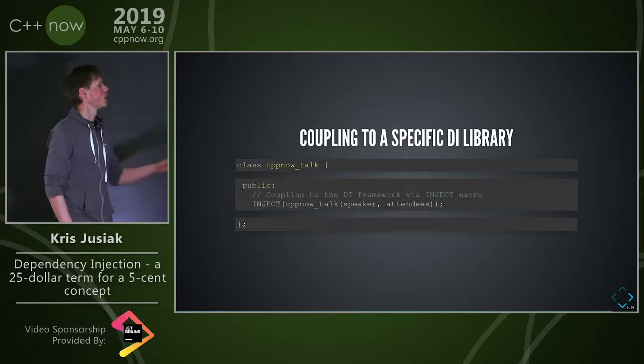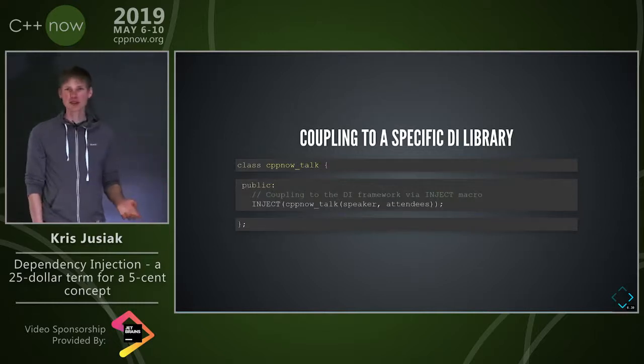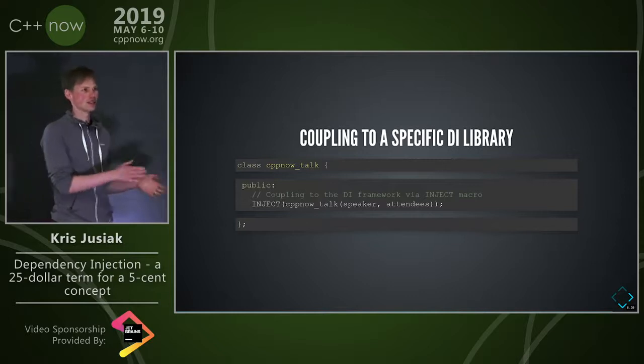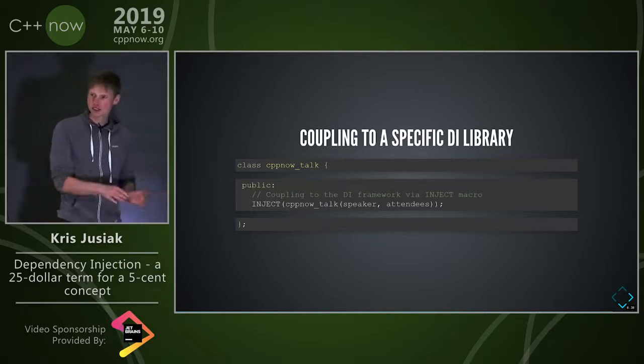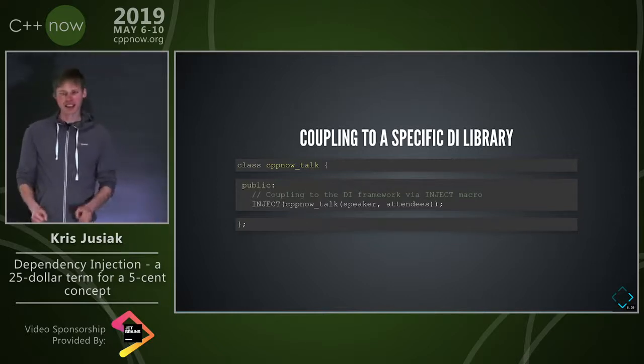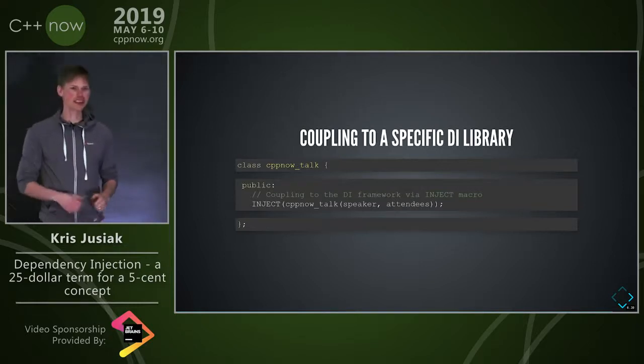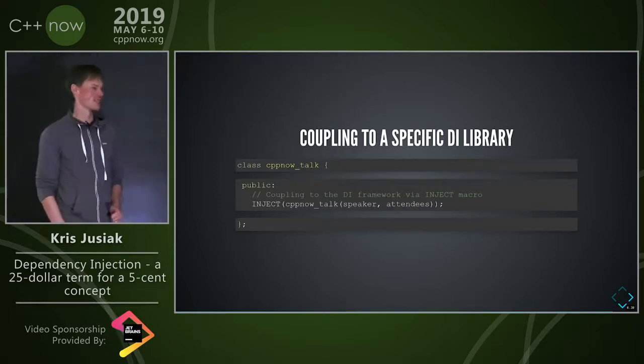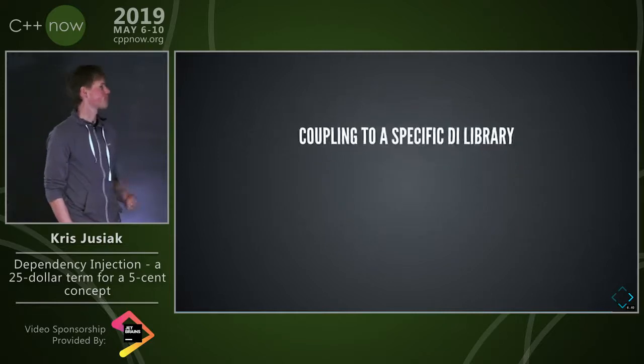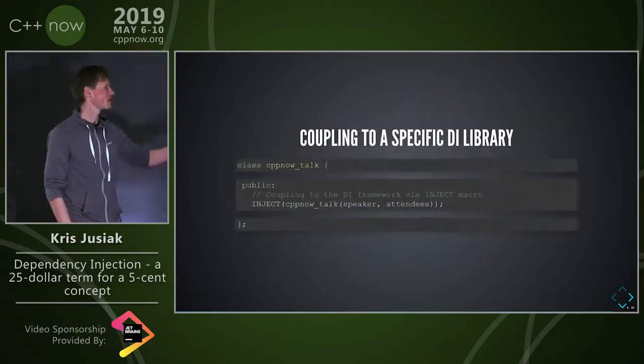And lastly, we can couple ourselves to the DI framework, which is kind of mind-blowing, but we don't want to do that. DI is all about not coupling ourselves, and after that, oh, but DI frameworks are cool, so let's couple ourselves to them. No, that's bad. For example, with Google Fruit, we have this macro.